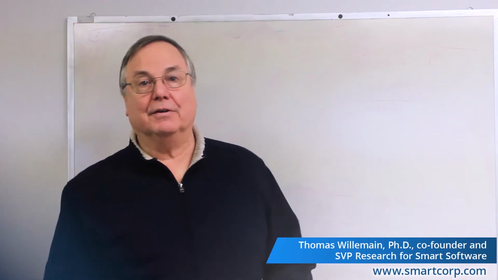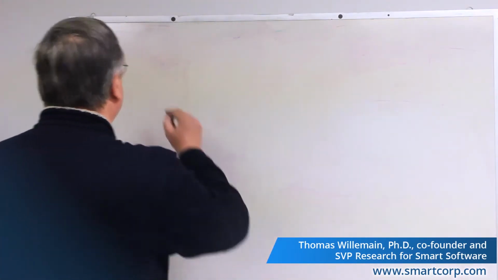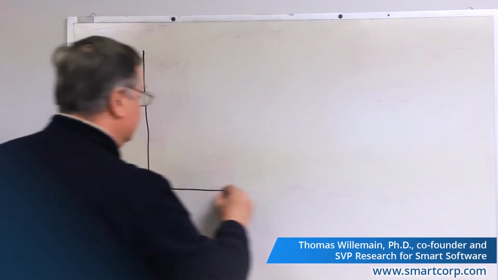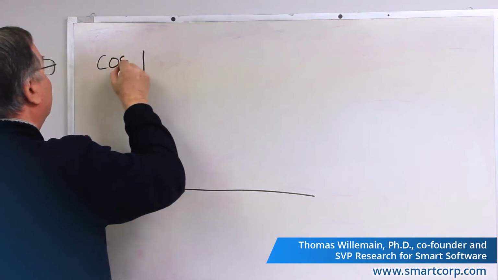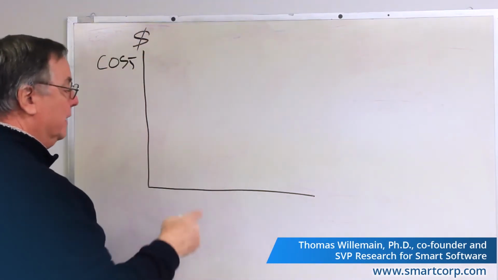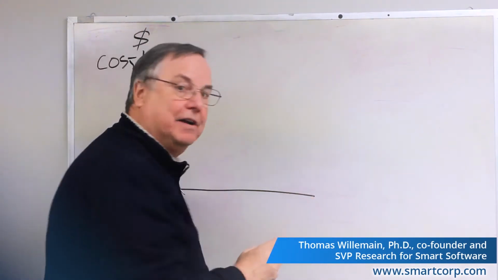So let me draw a crude representation of that fundamental trade-off curve. On the vertical axis, we'll put cost. And on the horizontal axis, we'll put item availability.